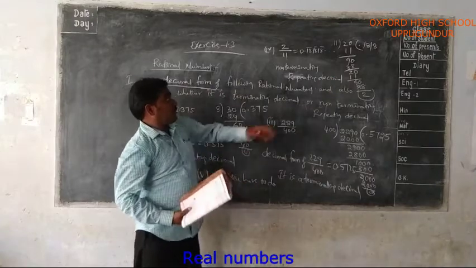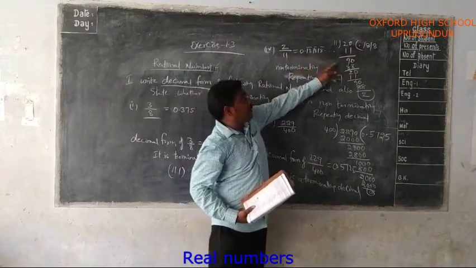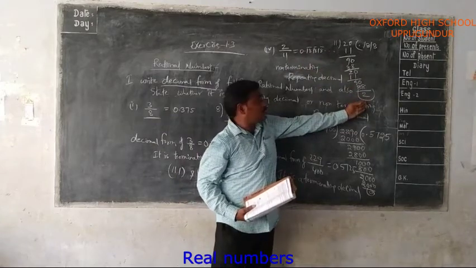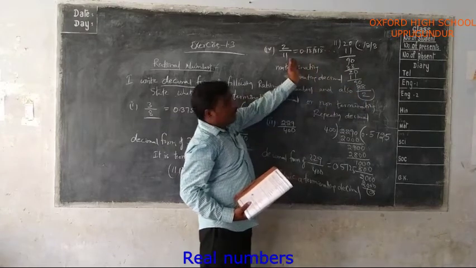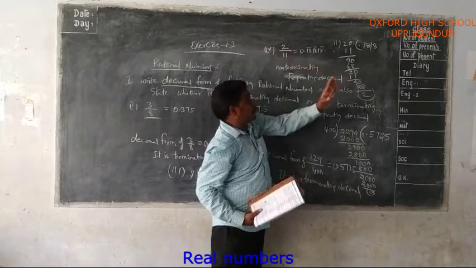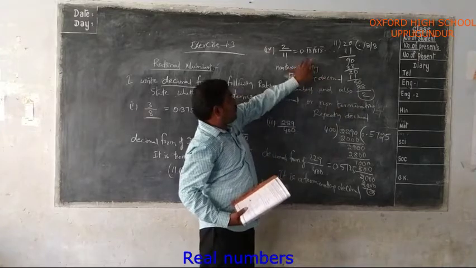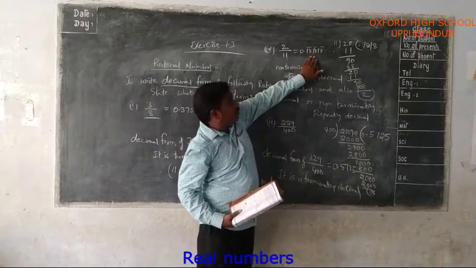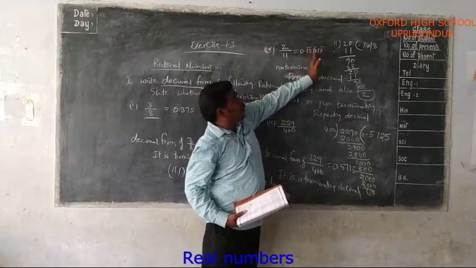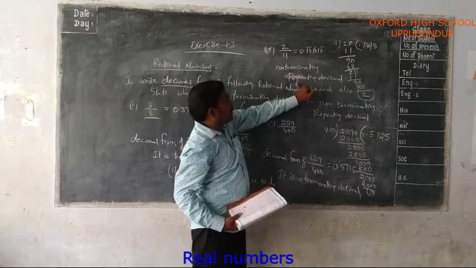The decimal form of 2 by 11 is 0.181818 and so on, because here the remainder is not 0. That's why this decimal form is not terminating, and also 1818 is repeating. That's why it is a non-terminating repeating decimal.